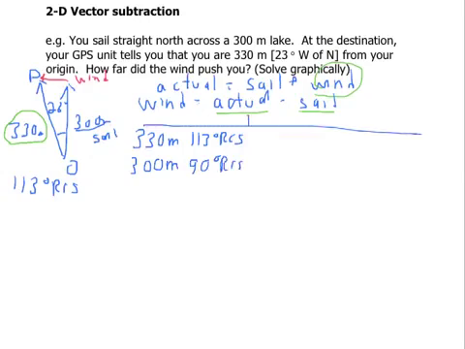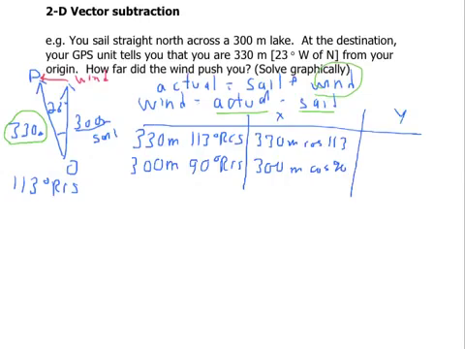And now the x components would merely be 330 times the cos of 113 for the first one, and for our second vector it will merely be 300 meters cos of 90.